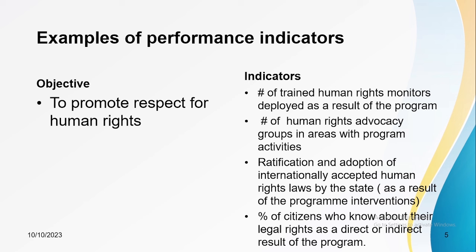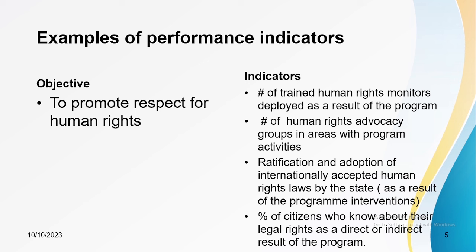An example of an indicator for an objective, going back to the hierarchy of results. The objective, for example, is to promote respect for human rights. Here, an indicator you can have is the number of trained human rights monitors deployed as a result of the program. Maybe the proportion or percentage of trained human rights monitors deployed as a result of the program. The number of human rights advocacy groups in areas within the program activities.